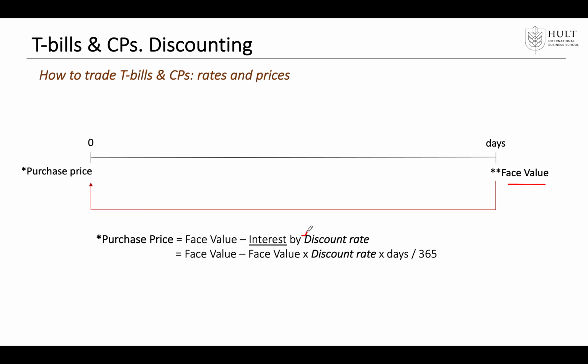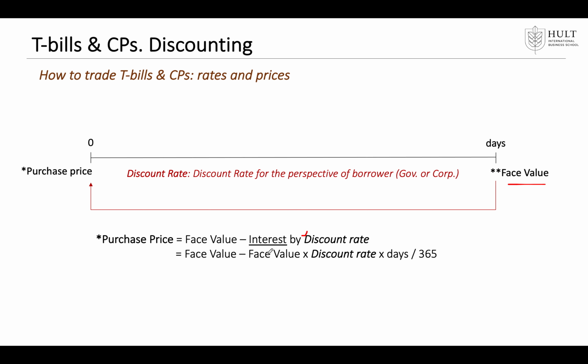So the purchase price is face value minus face value times the discount rate, the interest rate, times the days divided by 365, the portion of the investment days out of 1 year, 365 days. So we get this interest for the period.